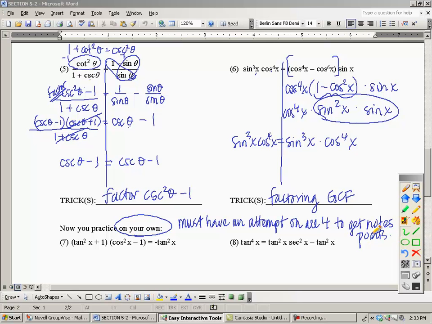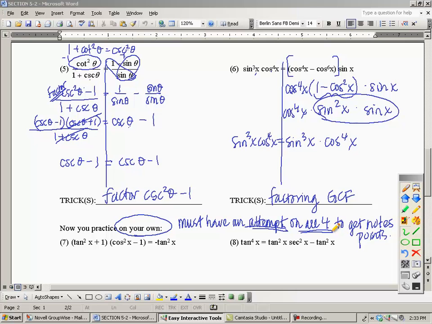Okay, so in order to get points for the 5-2 notes, you have to have a valid attempt on the bottom four. Now, some of them are things we've kind of covered, some of them take similar ideas, some of them you really just have to play around with. But I will not give you points for the 5-2 notes unless you have a valid attempt on all four of the ones at the bottom.